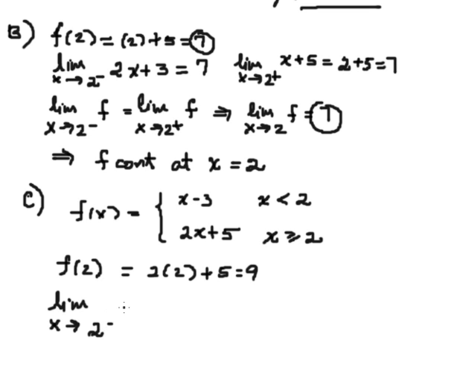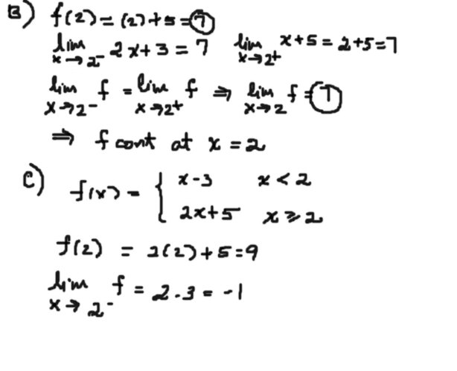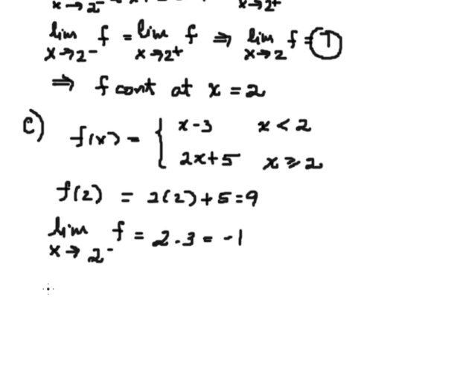So the limit as x goes to 2 minus of f is equal to, this is the left one, x less than 2, so we say that limit is 2 minus 3, which is minus 1. So the limit from the left exists. How about the limit from the right? Let me do it over here.